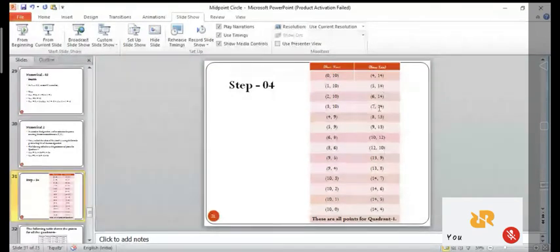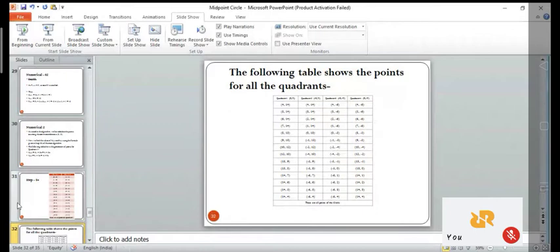Okay, so that's how you obtain the values. So whatever center points are given to you, if it is 4 comma 4 or if it is 4 comma minus 4, those values you are going to add to the x and y values that you obtain.